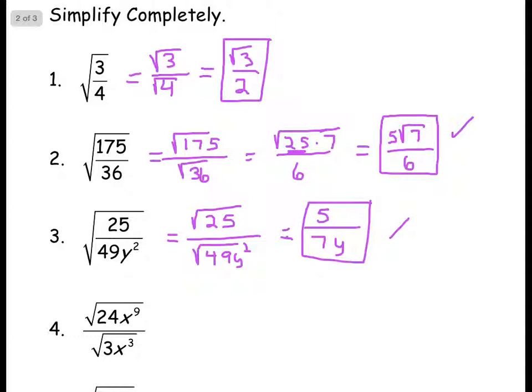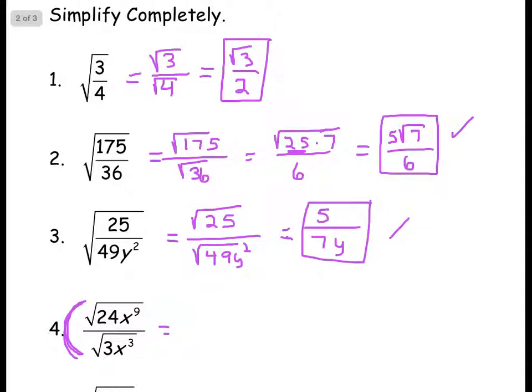Okay, next I'm going to do the square root of 24 x to the 9th over the square root of 3 x to the 3rd. Now notice that these have already been split up into two different radicals.